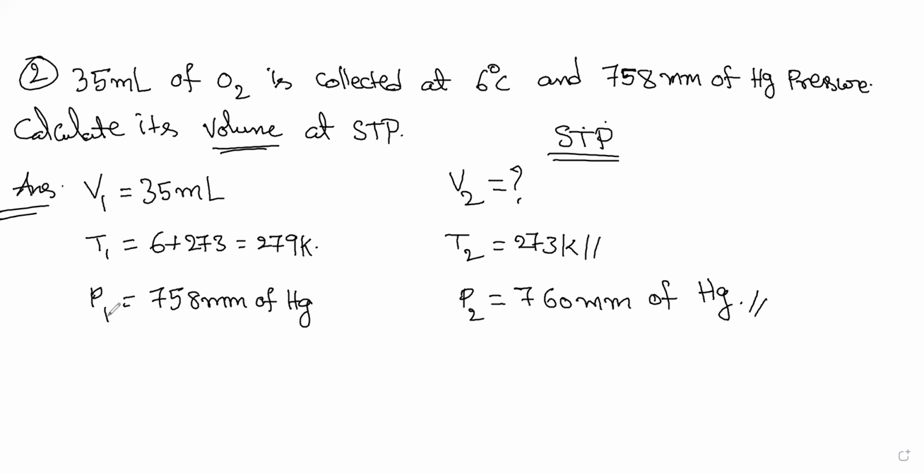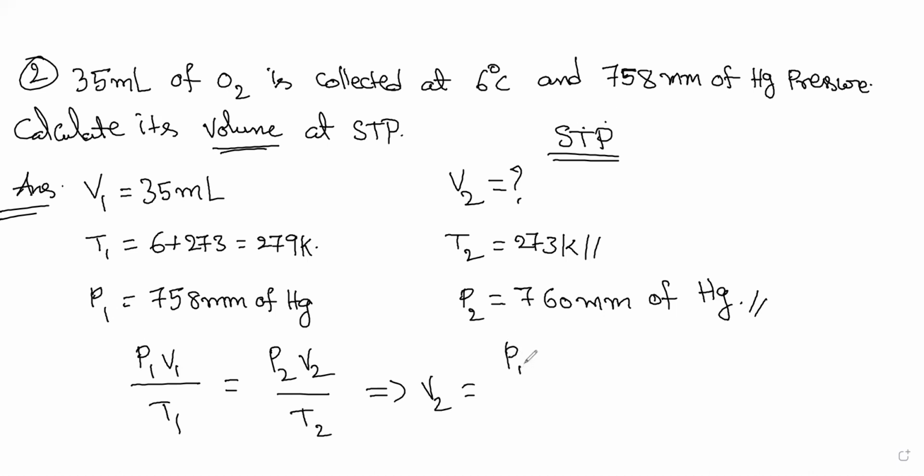Okay. Now, what is the equation? P1 V1 by T1 is equal to P2 V2 by T2. This is what we'll do. Now, V2 we have to find. V2 is equal to P1 V1 T2 divided by T1 P2. Substitute the things.